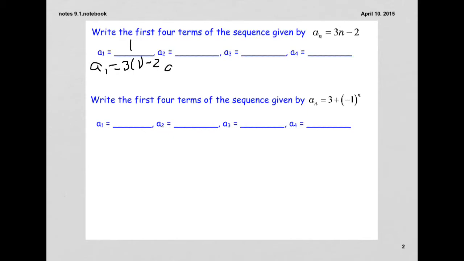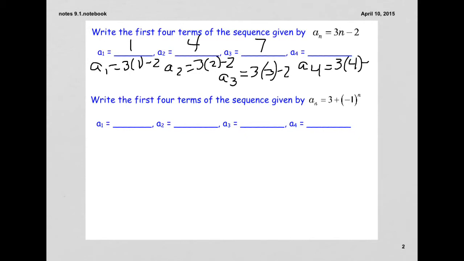Then a sub 2 is equal to 3 times 2 minus 2, which is 4. Then a sub 3 is equal to 3 times 3 minus 2, which is 7. And the last one, a sub 4, is equal to 3 times 4 minus 2, which is 10.